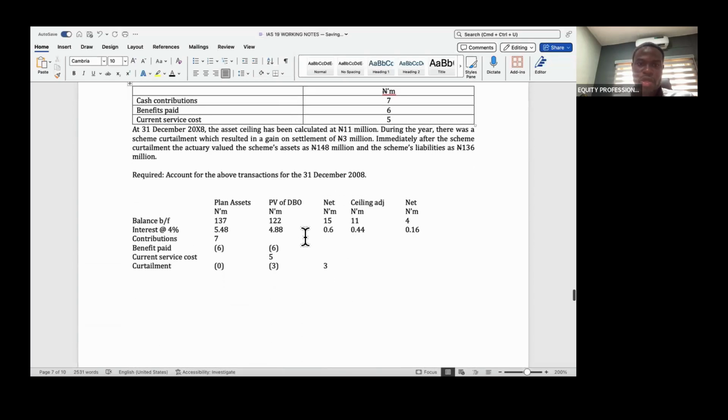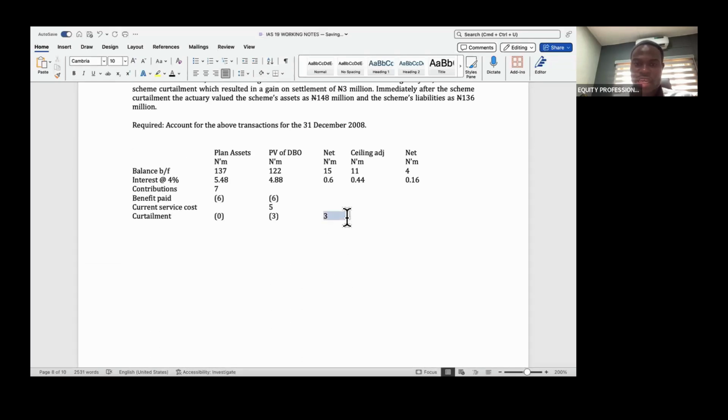So here, since they just gave us the gain directly, it means that the obligation will have been higher by 3. So it's important you do this, otherwise you will miss one mark or the other. It's very important you actually present it this way. You put 3 being higher, and this one's 0, just so that you are getting that gain of 3 given directly in the question. And you see that I'm lessening it because with the curtailment, obligation will reduce, assets will reduce, right?